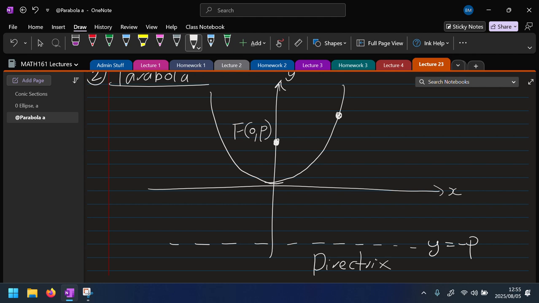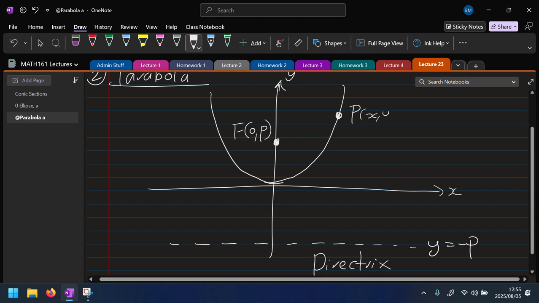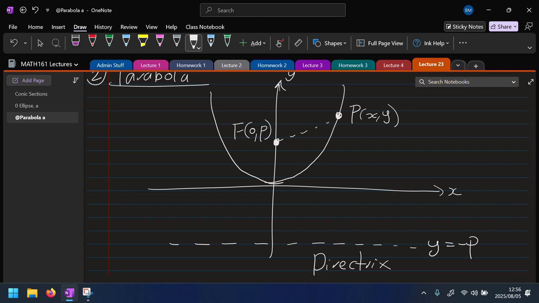Okay, so given those two, we can then define our parabola. So for any point P, let's say P at (x, y) on the parabola, we're going to draw this line over there. And we're going to draw a line going down to the directrix, and it must be at 90 degrees. So that's a vertical line over there. Okay, so the definition for the parabola is very simple.